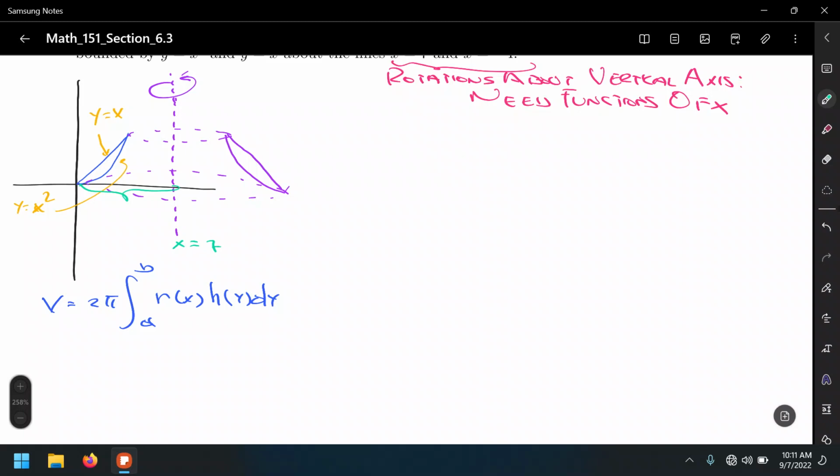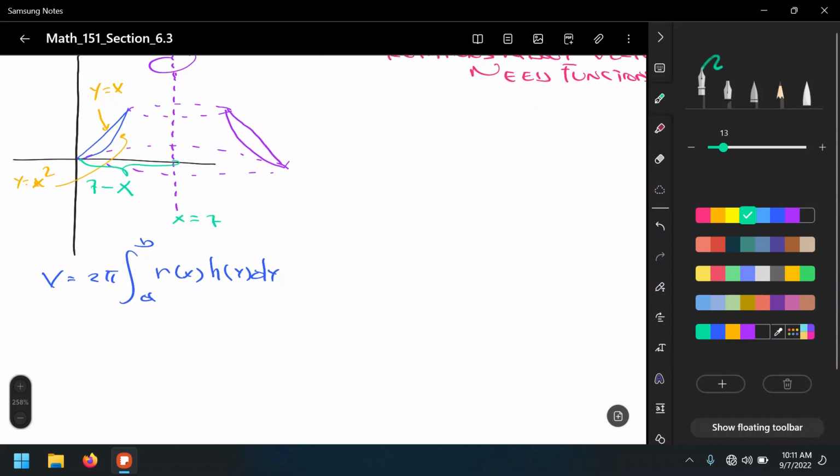We go rightmost minus leftmost. In this case, the rightmost is the axis of rotation, which is 7, minus, well, in this case, just x. Because x is the radius of that solid. When we rotate it horizontally, we are creating a horizontal radius that we call x. Or again, in terms of the candy, that's 7, which is the location of the stick of the candy, minus the number of flavors, if you will.